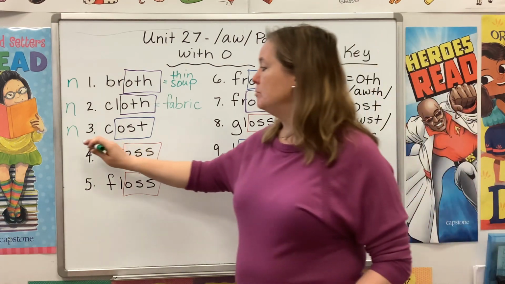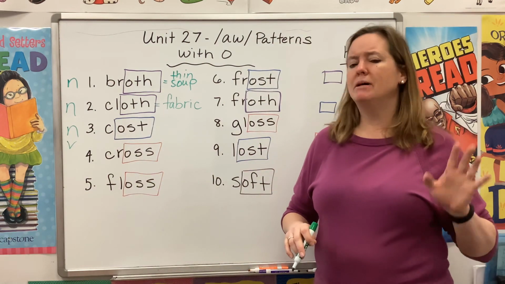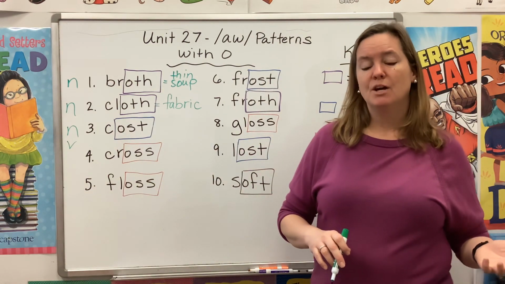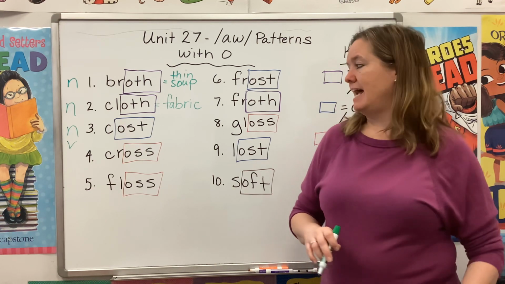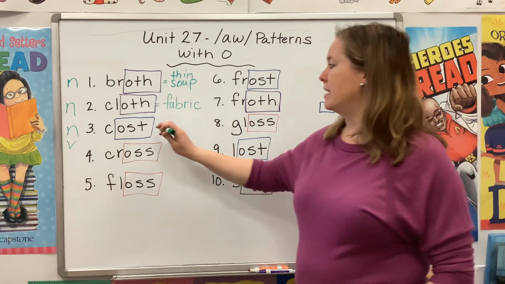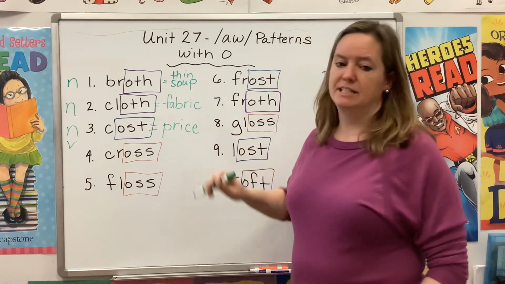It can also be used as a verb. If you're asking someone, how much does that cost, right? It means how much money do I have to spend to get it? Okay, so when we think about a cost of something, we're thinking about its price.